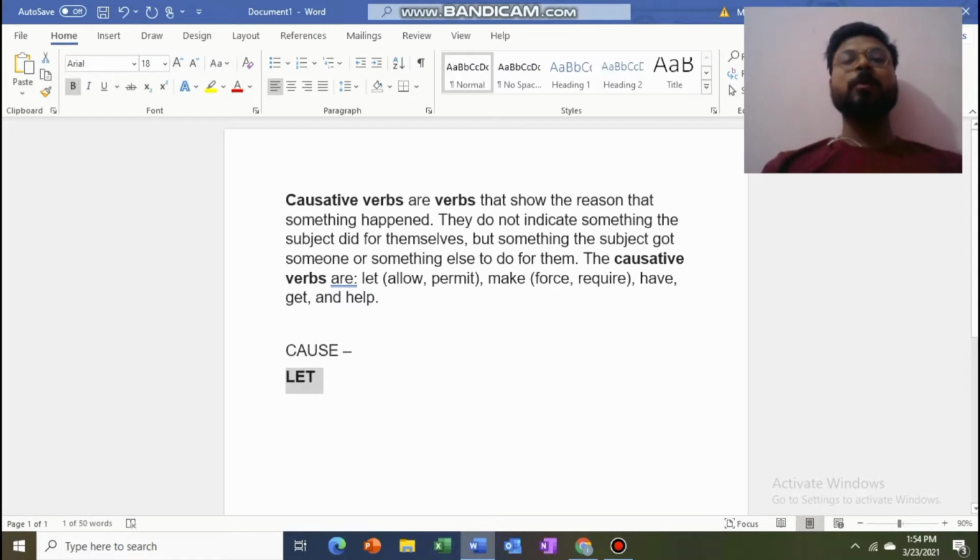We all know that we use let to allow or permit. For this we need to understand two things: let and be allowed to. Remember, where we use be, it means there is a be verb: is, am, are, was, were, or will be.